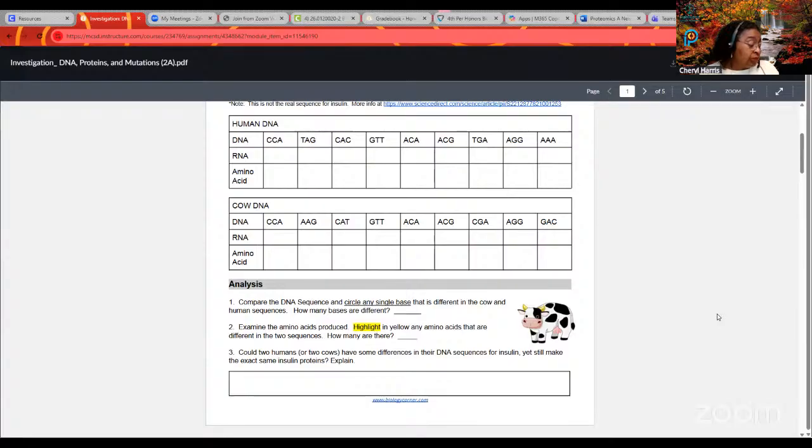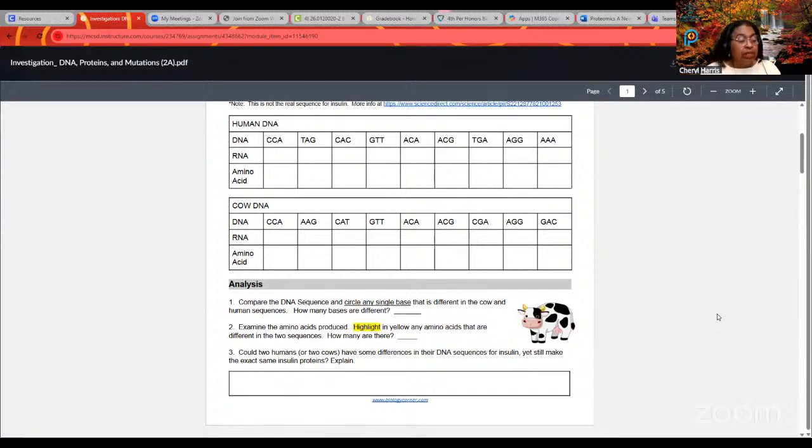So how many did we circle? The rest should be the same. And again, I'm talking about the DNA strand, just the DNA strand in both the cow and the human. Now, I don't mean all together.